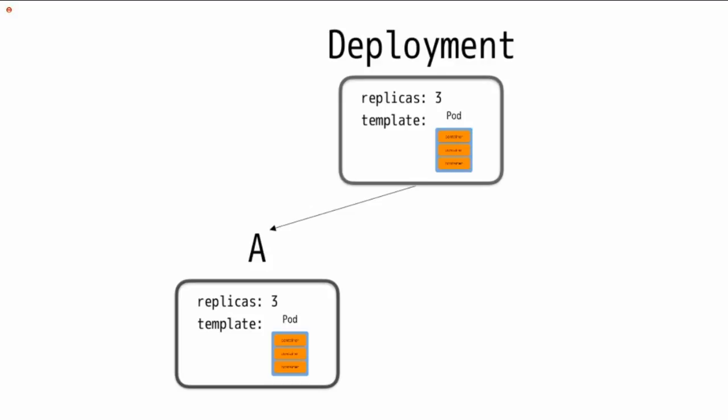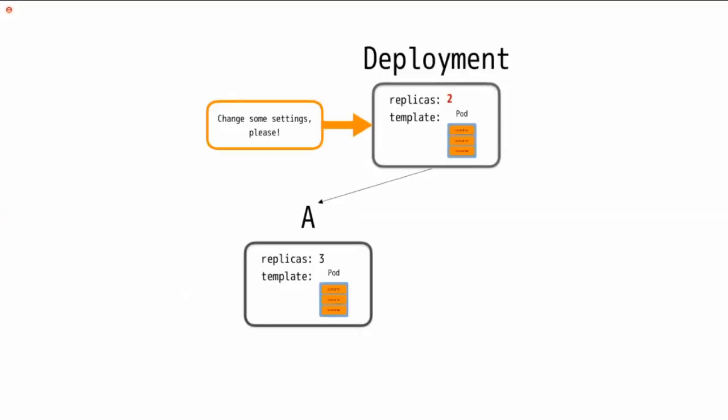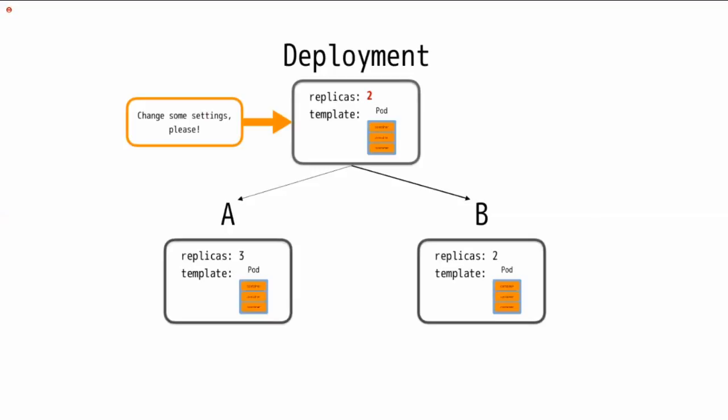In this slide, you can see that there's a set of replicas defined by the user as 3, and this A is nothing but the replica set. If you want to change it to 2, then you just need to change the number in the deployment state file, and Kubernetes will start creating the new replica set.